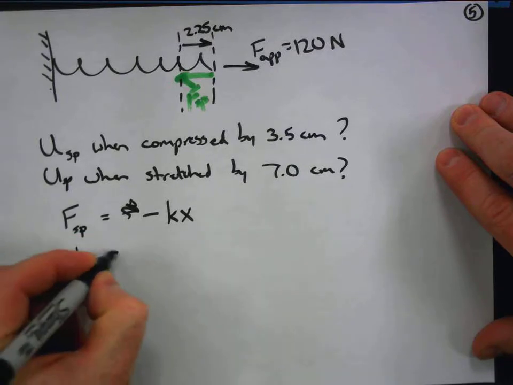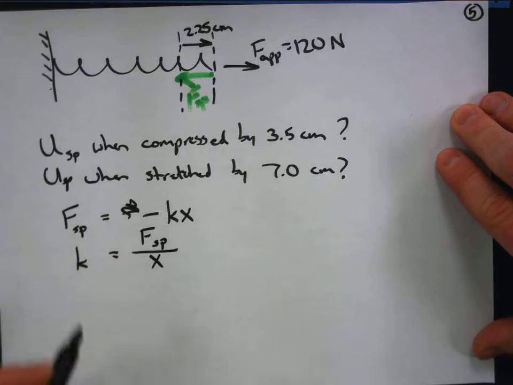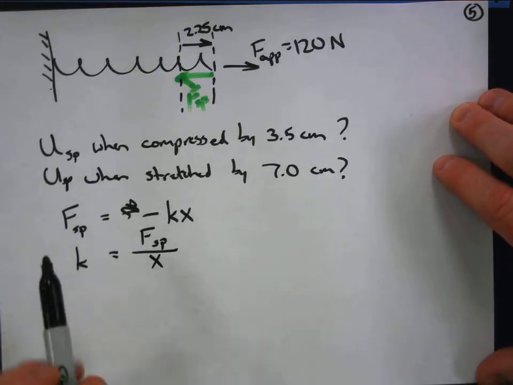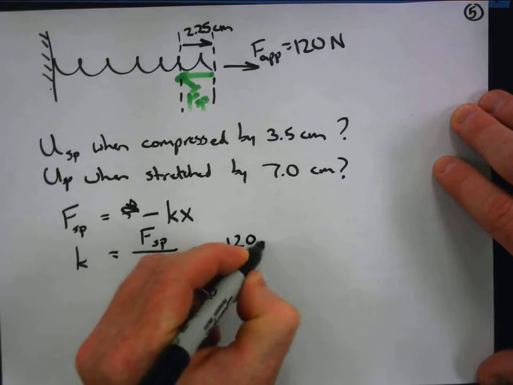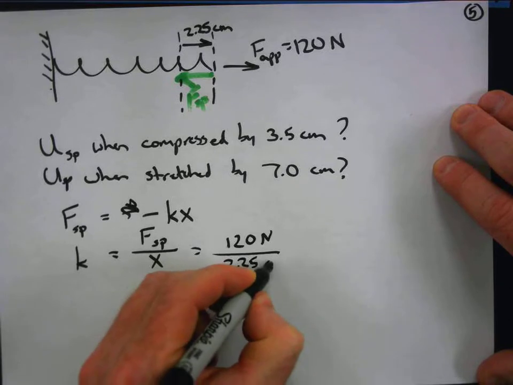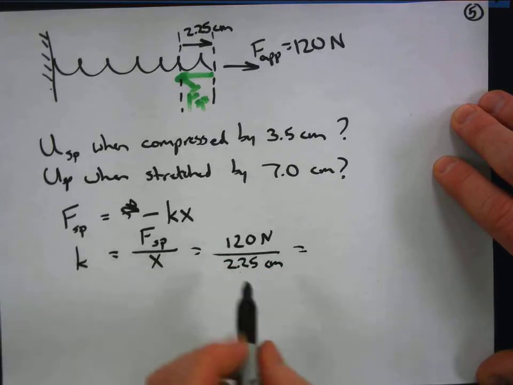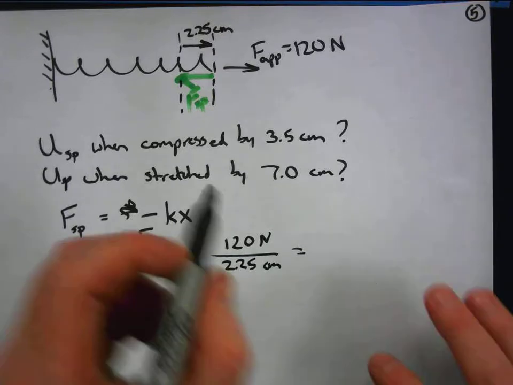We have this relationship here, and the spring constant is going to be 120 newtons divided by 2.25 centimeters. Now this will give us an answer in newtons per centimeter. We would really prefer this to be in newtons per meter.